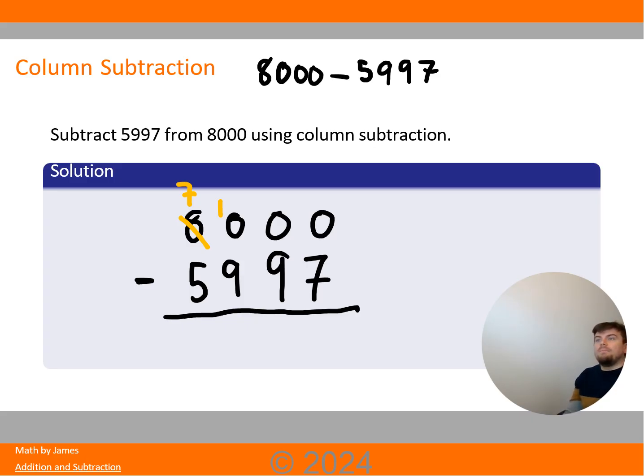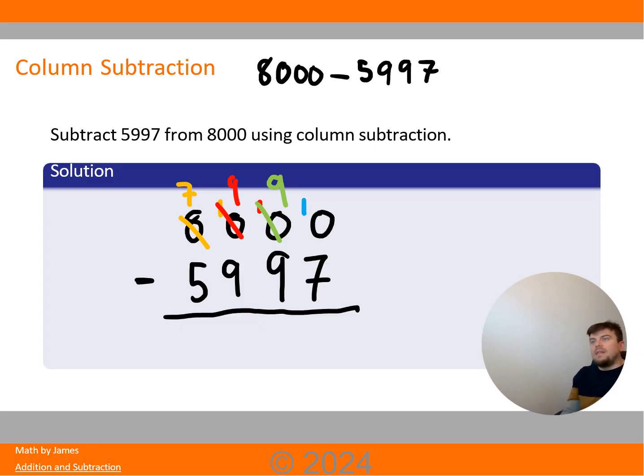We need to make this 9 because we need to put that in the tens. We need to borrow into the tens, and again we need to borrow to make this 9, and then we make this a 1 here.